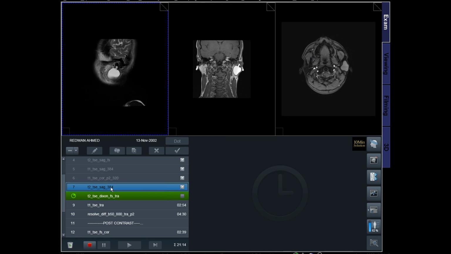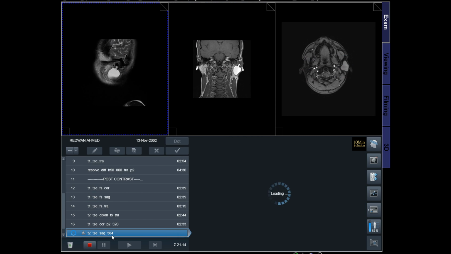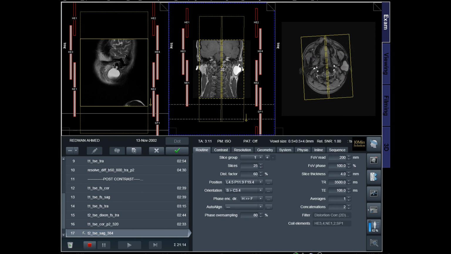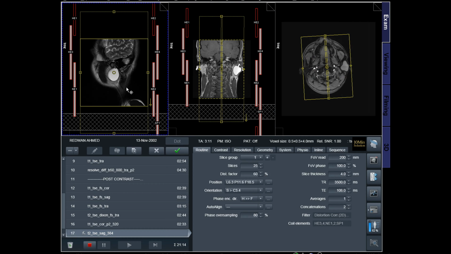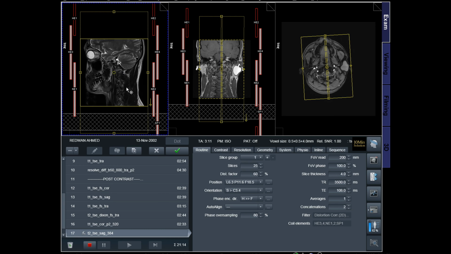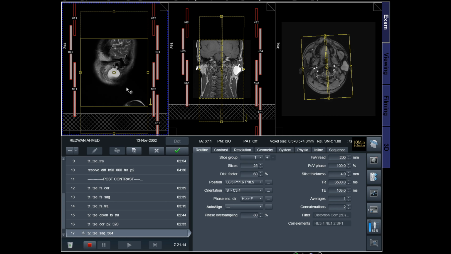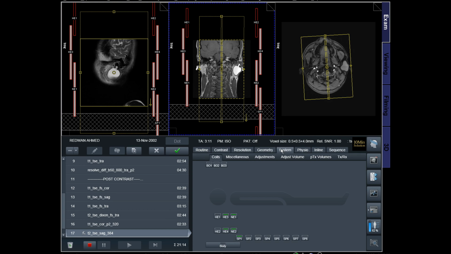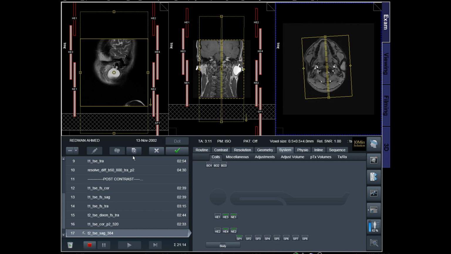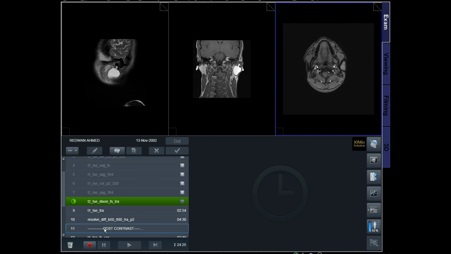MRI provides excellent soft tissue contrast, clear visualization of deep lobe involvement, precise assessment of facial nerve displacement or invasion, clear distinction between cystic and solid lesions, characteristic enhancement patterns for tumor evaluation, accurate detection of perineural spread, especially in malignancies. In simple terms, MRI doesn't just show the gland, it tells the entire story.